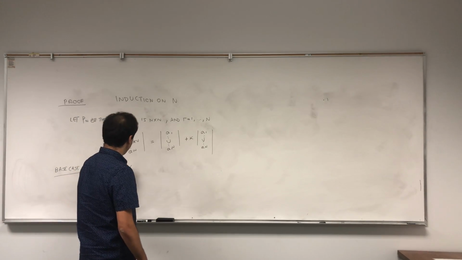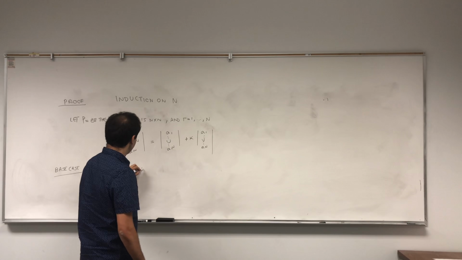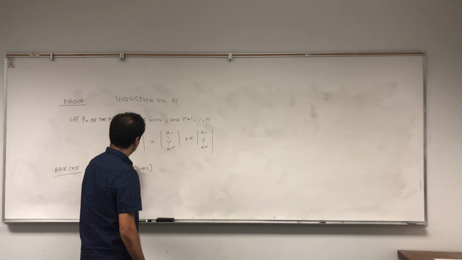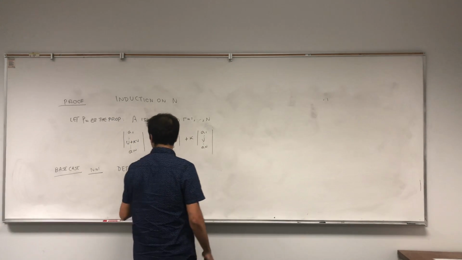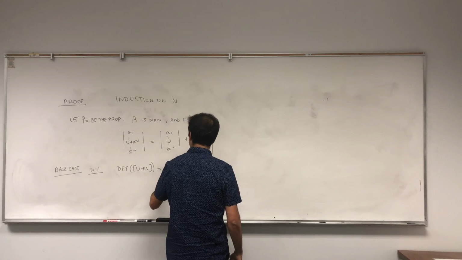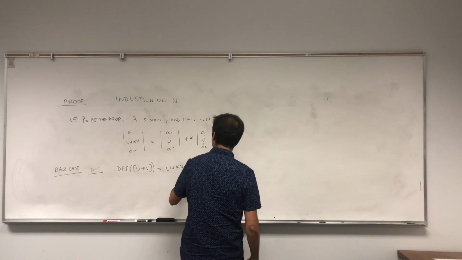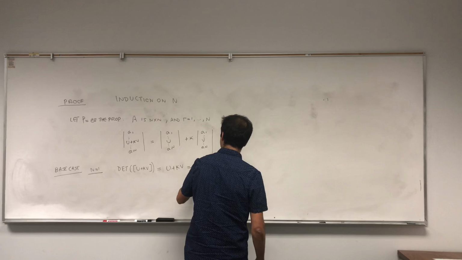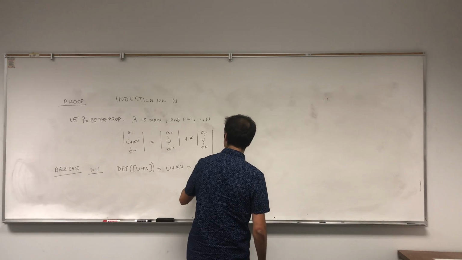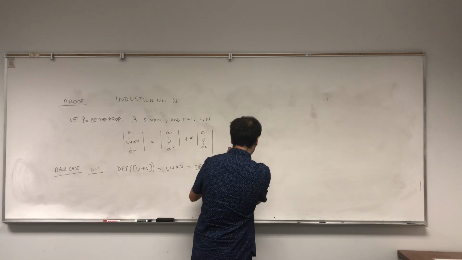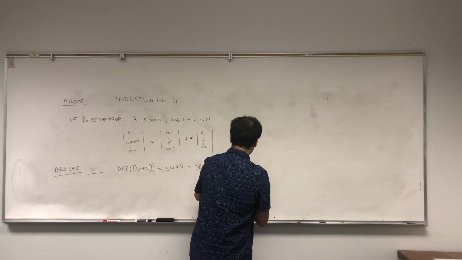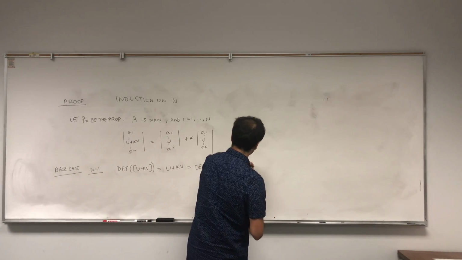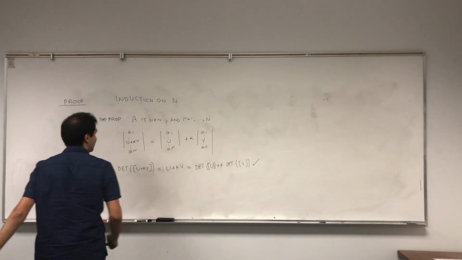Then the determinant of u plus kv is just u plus kv, because it's a scalar, which is the determinant of u plus k times the determinant of v. So the base case is not a problem.